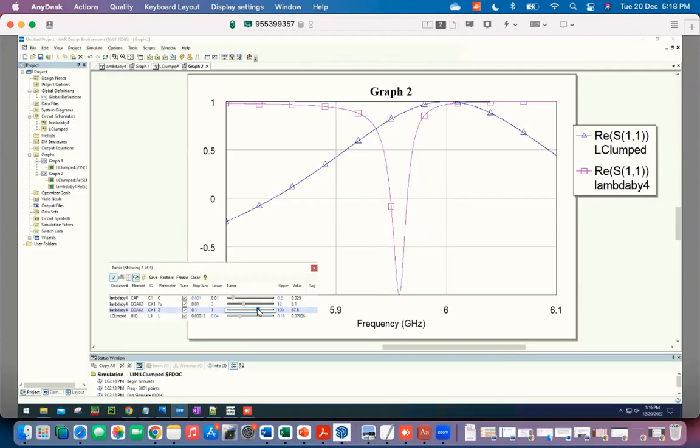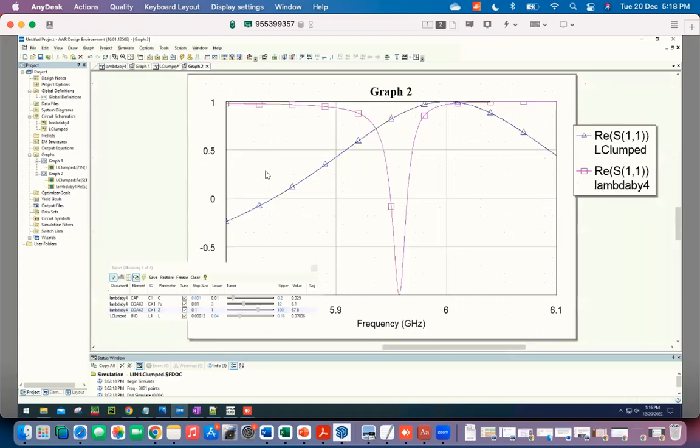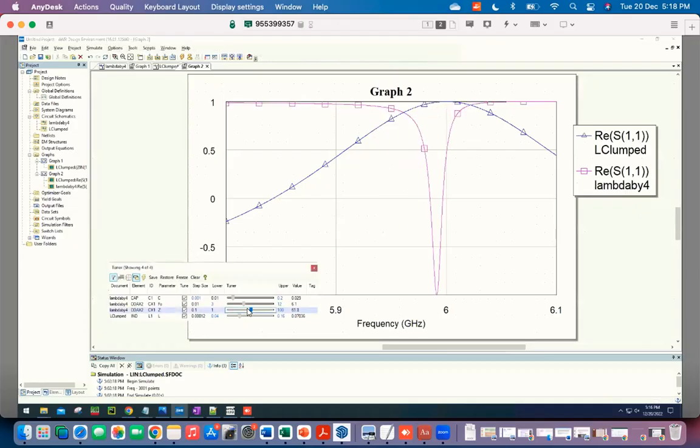I'm only changing the characteristic impedance of the transmission line, which has a coupling capacitor at the input, and that is affecting the frequency of the resonance. Should this happen?